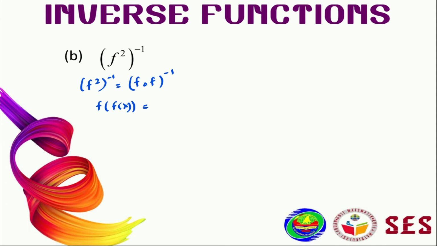So we have 3 times f(x) plus 5. This is from the question, and the f(x) itself equals 3 times 3x plus 5, plus that 5, and simplifying this gives us 9x plus 20.